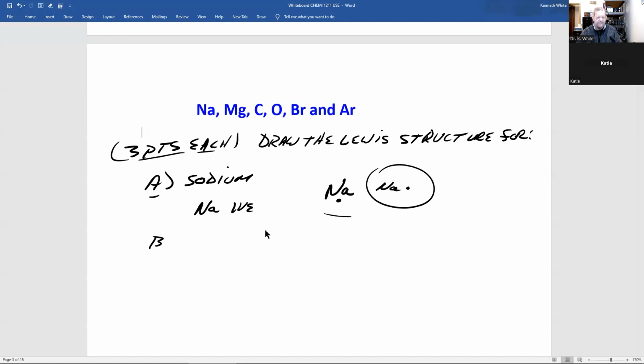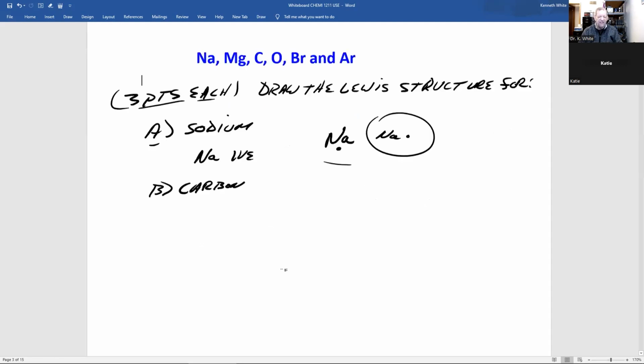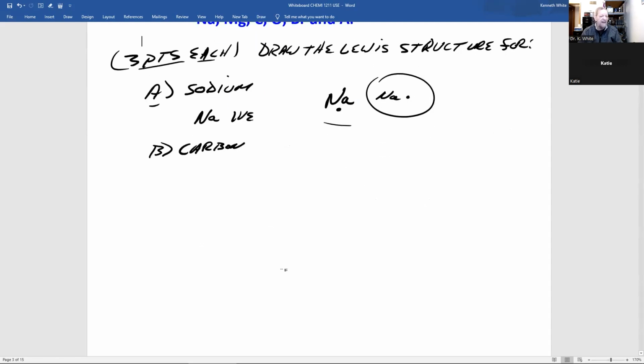carbon. And now, how do we do that? Well, we have to find how many valence electrons, the outermost electrons, are in carbon.